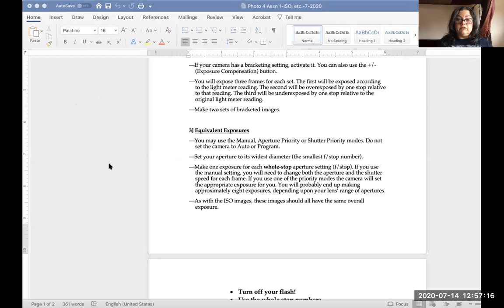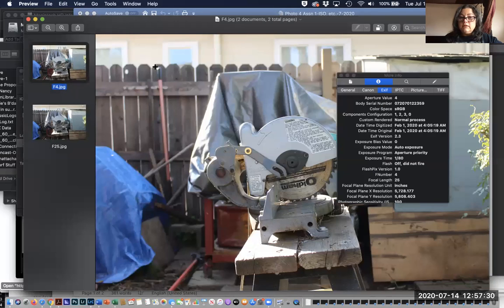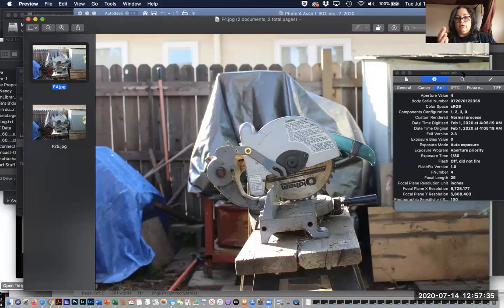So let me just bring up 2 other images. So can you see this image? I'm not saying that it's the world's greatest image in terms of composition, but it's an image of a saw and then some things covered with tarps.